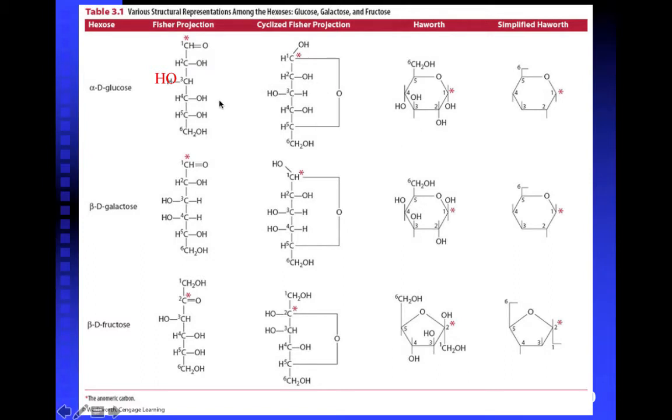Okay? Now let's look at how this cyclic structure formed. The cyclic structure forms because of an interaction between the hydroxyl group on the highest number chiral carbon and the carbon in the functional group. So this would be the hydroxyl group that now interacts with this carbon of the functional group. Another way of saying the functional group here is the carbonyl group, or the carbonyl carbon.